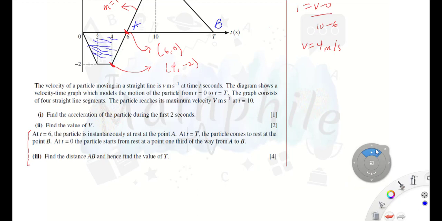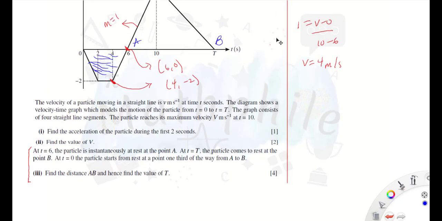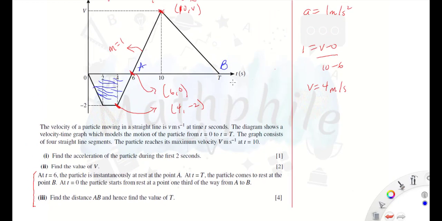Okay, the area over there. Wait, let me see. Sorry, I don't think it should be 6. I can't find the area of the triangle because I don't know the value of this t. So I'm going to use the note given to us that this distance is actually 1/3 of the distance I'm looking for.